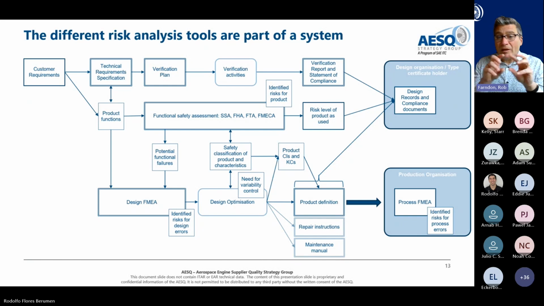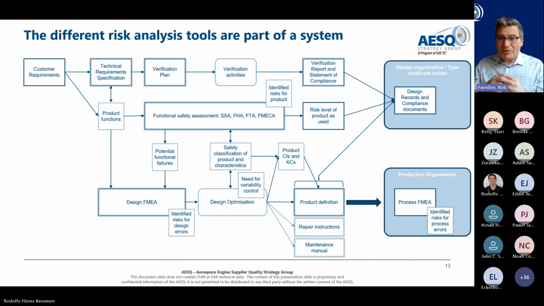The FMECA, when we have it, can suggest potential functional failures of the product, and that feeds into the DFMEA as an idea. There are new lines suggested in the DFMEA from that. And also we need to try and keep developments of the design in step with the system safety assessment.